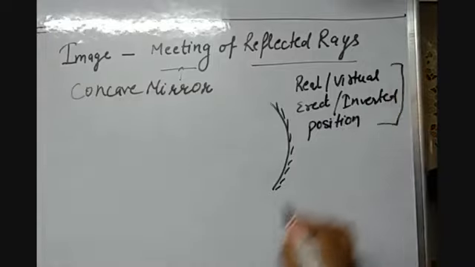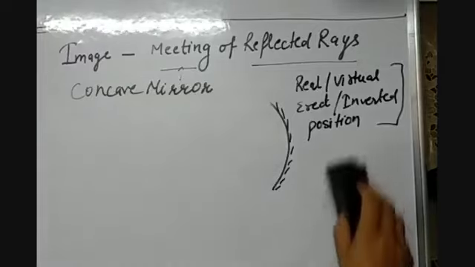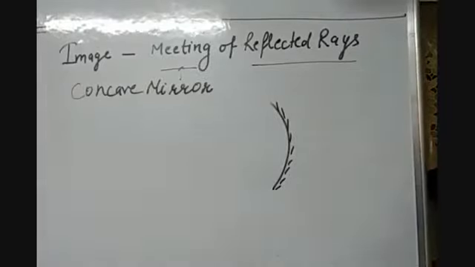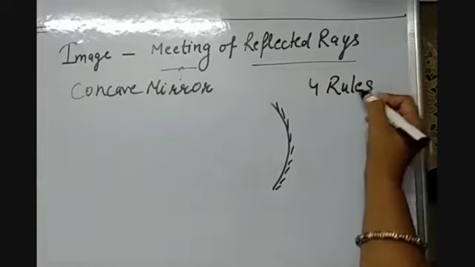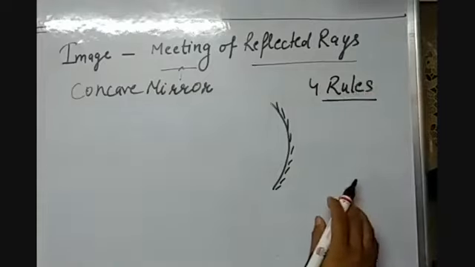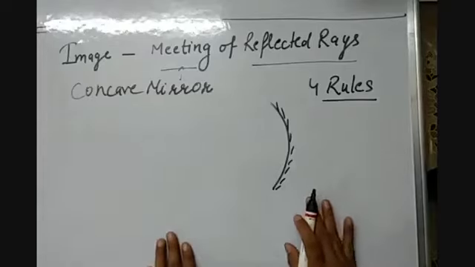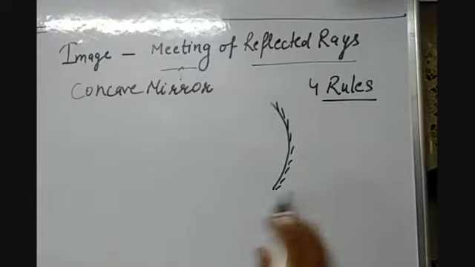These three things we want to find out. To obtain them, we have 4 rules which will help us to form the image of an object placed at different positions in case of a concave mirror. So let us discuss the first rule.